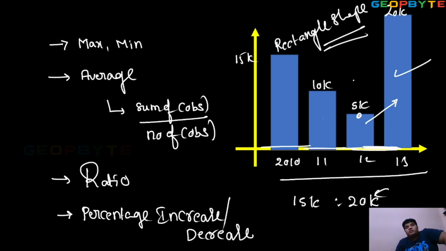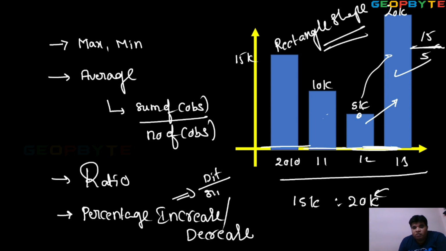Here 5,000, and this is 20,000. From 5,000 to 20,000, how much has it increased? 15 increase. Compare with 5, into 100. What is the logic you already know? In the percentages concept, the difference is always compared with the original value. Difference over original into 100. We are applying this formula.